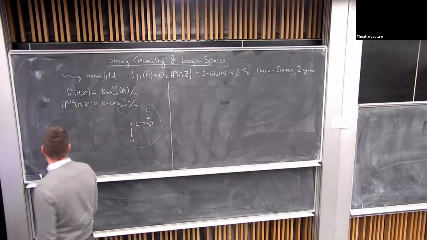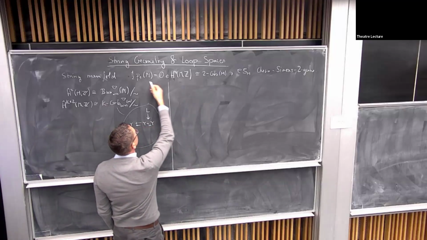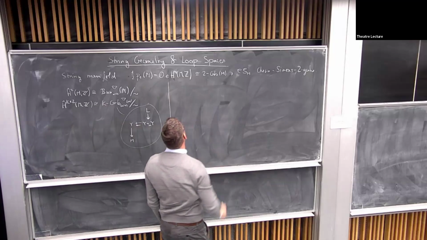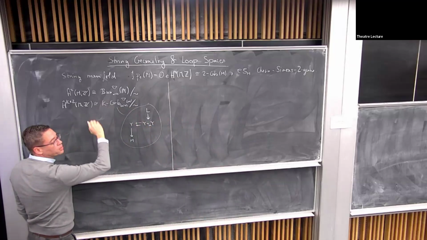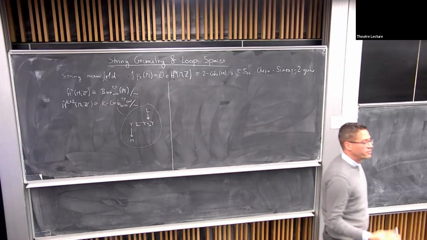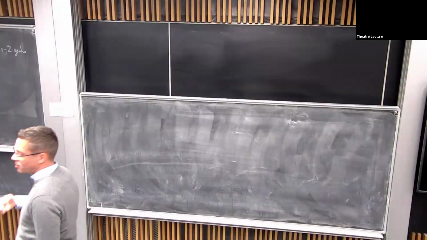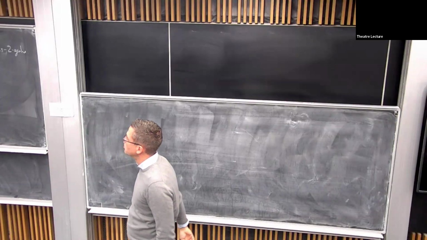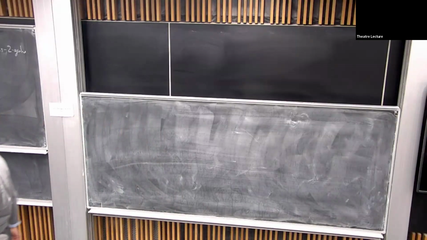Here it's just relevant that there is a specific gerb, it has this specific class, and now because these gerbs form a category or even a higher category, we can talk about trivializations of that 2-gerb, like isomorphisms to the trivial 2-gerb, and that's going to be our notion of string structures.